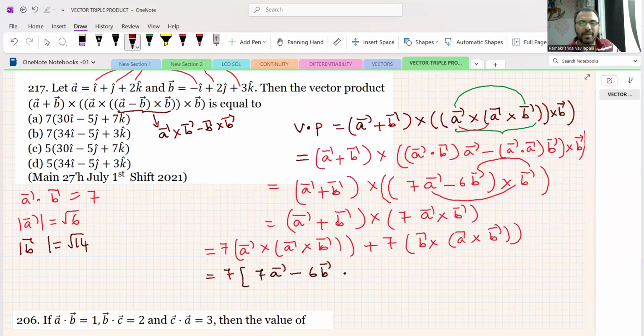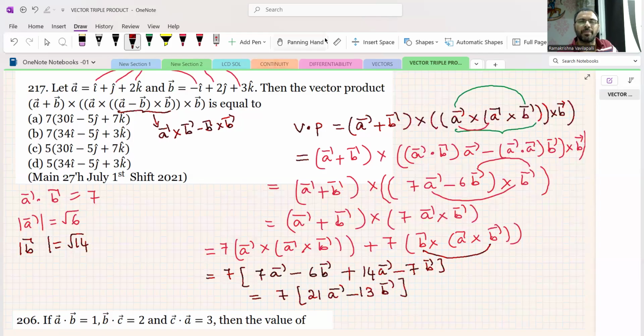So here I am writing plus, I have taken 7 out. This B bar dot B bar is nothing but 14. So it is 14 A bar. Minus A bar dot B bar is nothing but 7 into B bar vector. I hope you got it that this is equal to 7 into 21 A bar vector minus 13 B bar vector.